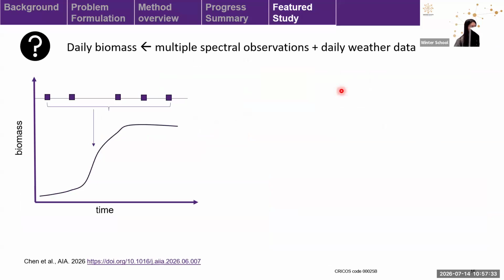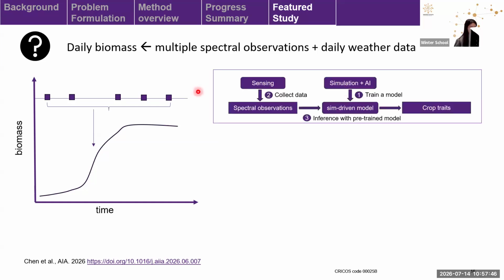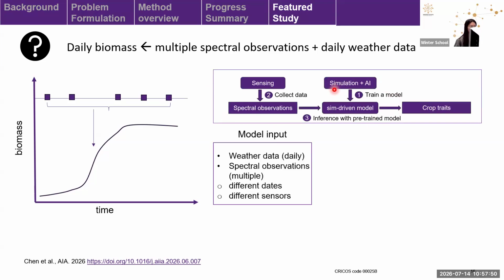And this will formalize a problem like this. So how to use multiple spectral observations and the daily weather data to predict the daily biomass. If you remember this figure I showed you before, the model input here would be the weather data at daily scale, and another input would be the spectral observations, which are discontinuous at daily scale.